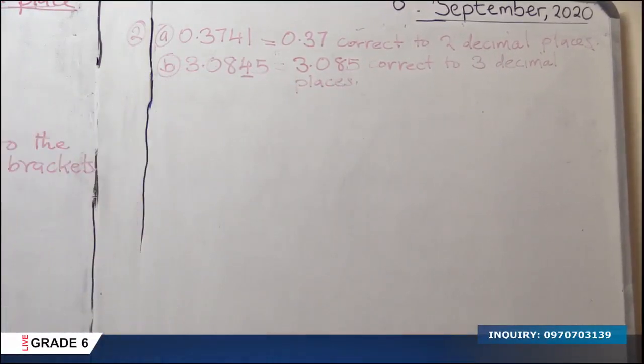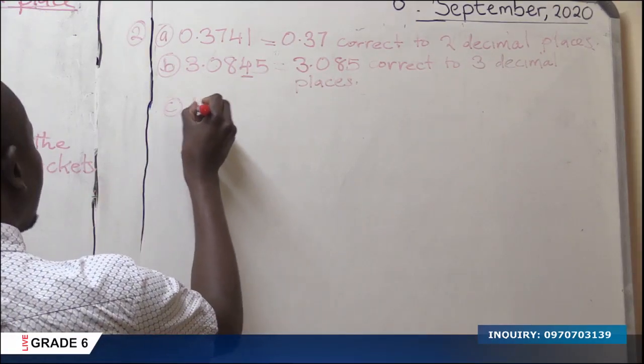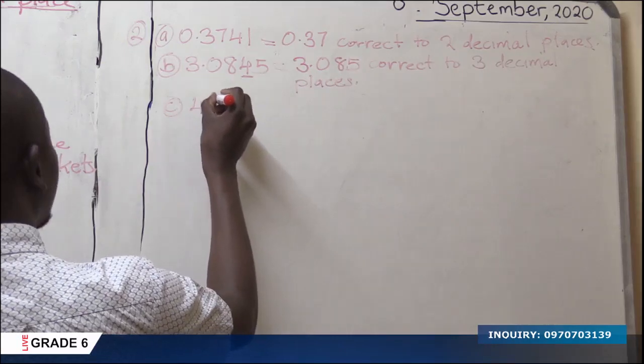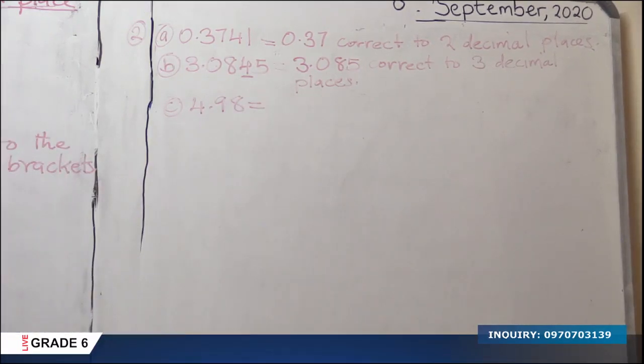All right, so that's it for B. Let's go to C. C says we must round off to 1 decimal place. The number is 4.98. How do we round off to 1 decimal place?